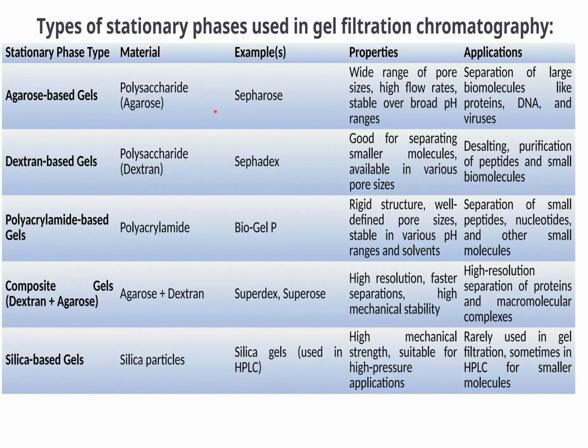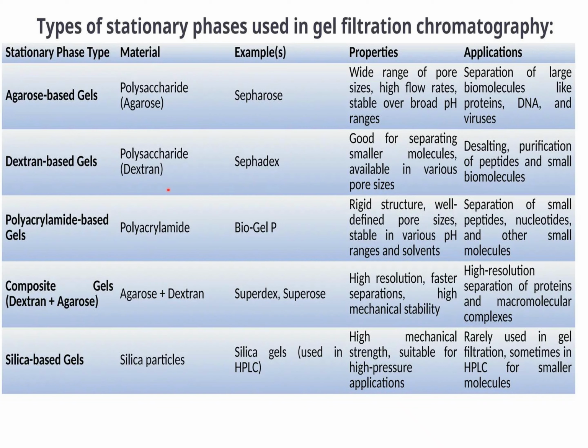Moreover, our stationary phase should be very pure, non-irritant, non-toxic, and cost-effective. Because in this technique we are separating proteins, and our samples are proteins or DNA, RNA, which are very sensitive.